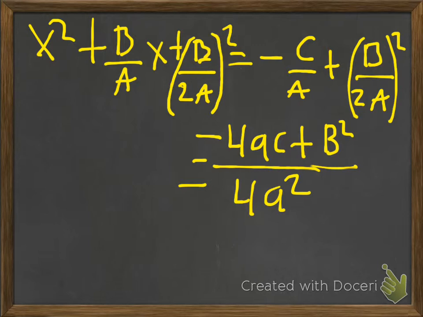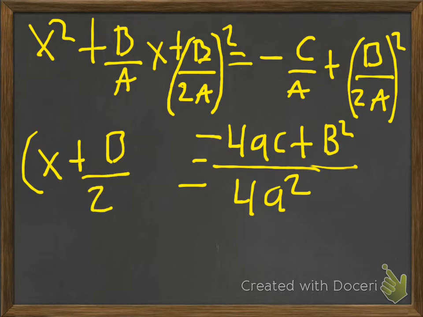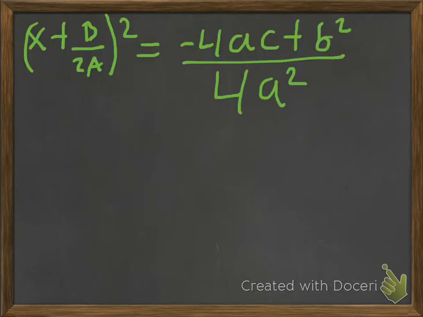Now this can be simplified into x plus b over 2a, squared. So now from here, this should start to look familiar, and we're going to take the square root of both sides of the equation.